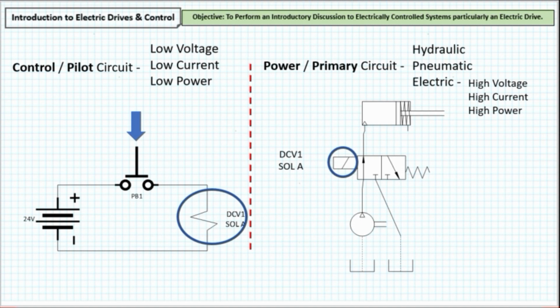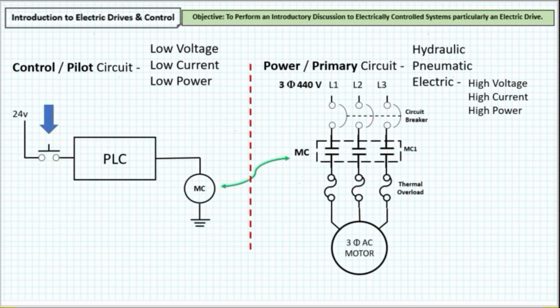This is very familiar to you because you have already studied pneumatics and hydraulics. So the question remains: how can this pneumatic or hydraulic circuit differ if an electric motor is to be controlled? What we will show next.